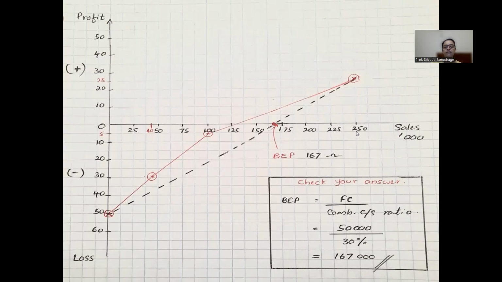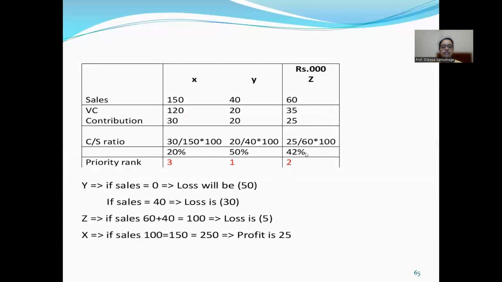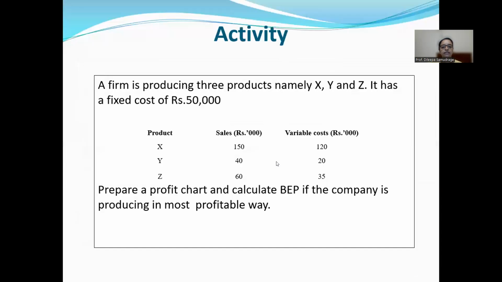Yes, price and quantity are different for each product. Right, correct. Because you can see, when you take these figures, you don't know the selling price per unit, right? Maybe the selling price of X is different from this, and also maybe another figure, right?